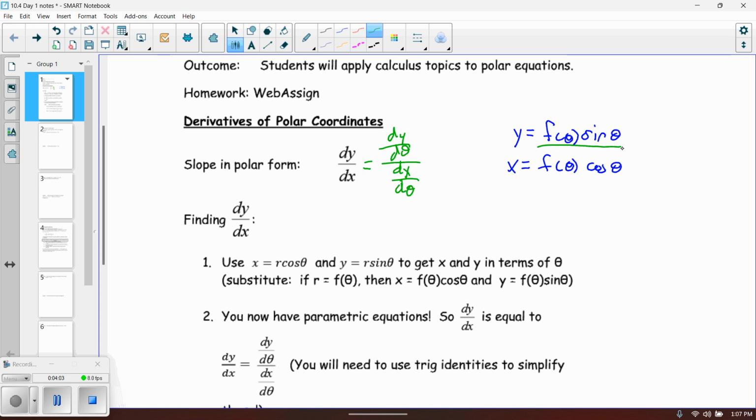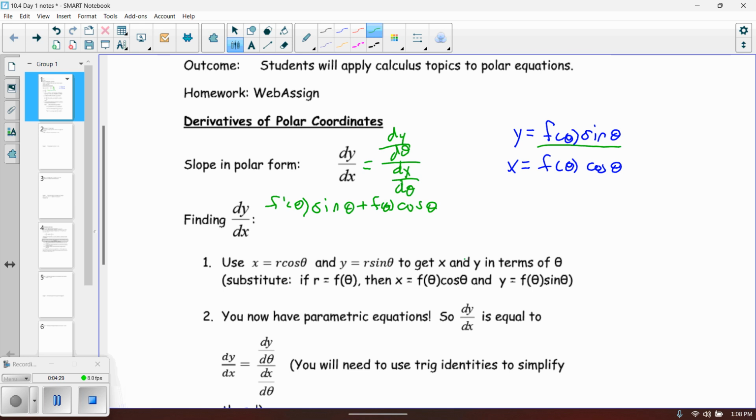Well, that's just f prime of theta times the second function, sine of theta, plus the derivative of the second function, sine of theta, is cosine of theta, times the first function, f of theta. Okay, that's the numerator. That's your dy over d theta.